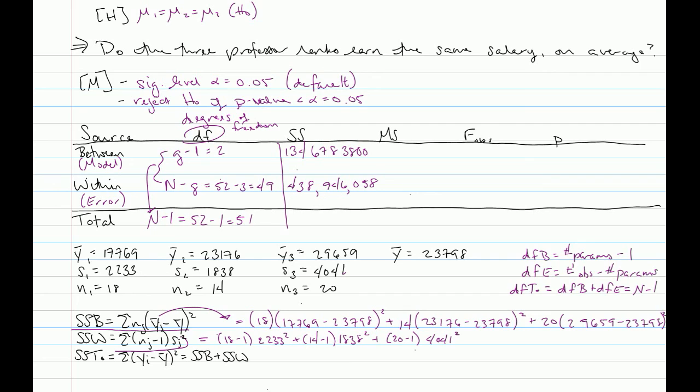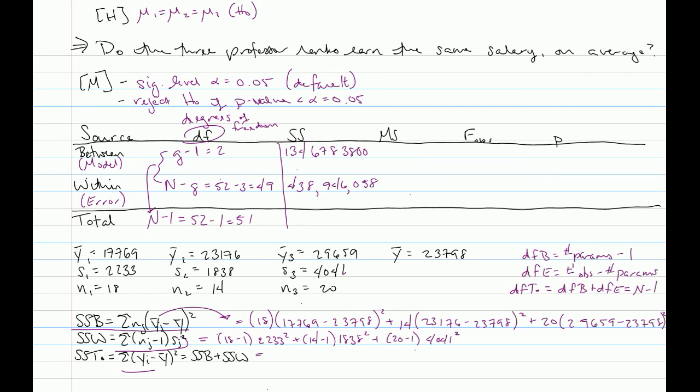And finally, our total sums of squares. We could just figure out the total variability in our sample regardless of which group those observations came from. So this would be like finding just our sample standard deviation. We would take each individual observation minus the grand mean, square it, do that for each observation, and add all of that up, and that would give us our SS total, which is what's written here.